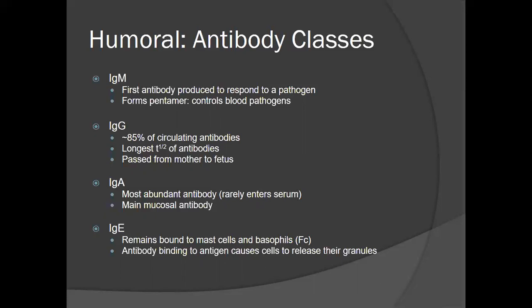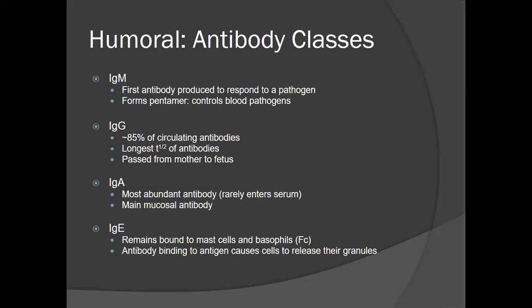And when those two antibodies come together, it releases histamine a lot of times. And so if you have allergies, and sometimes even severe allergies, it's an IgE response that is causing a lot of that discomfort or maybe even life-threatening anaphylactic shock.